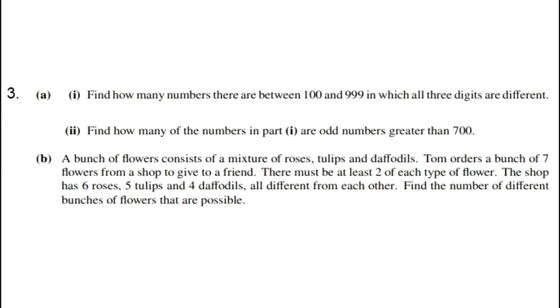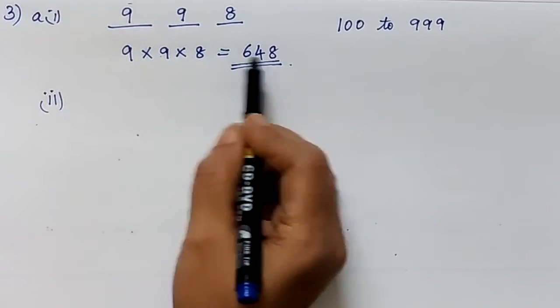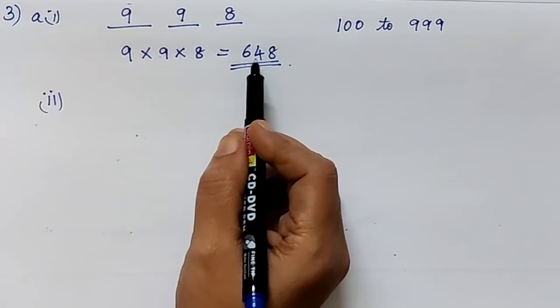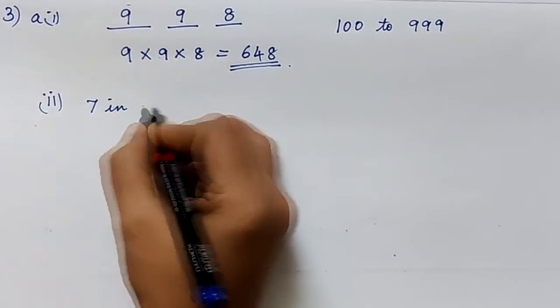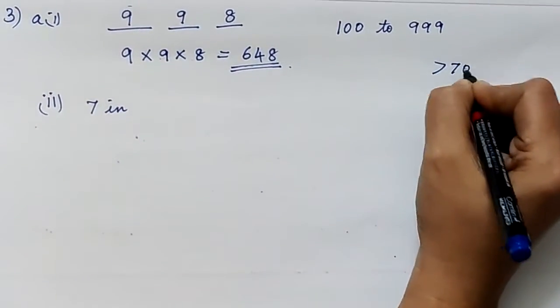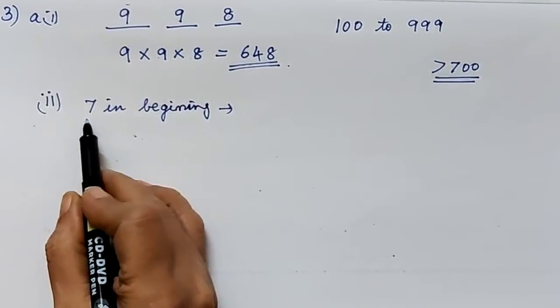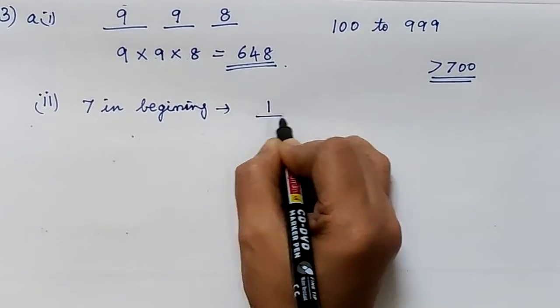Then the second part, find how many of the numbers in part 1 are odd numbers greater than 700. So you have to find how many numbers in this part 1 are greater than 700. So 7 in the beginning. First number can be a 7. So 7 is a fixed one.